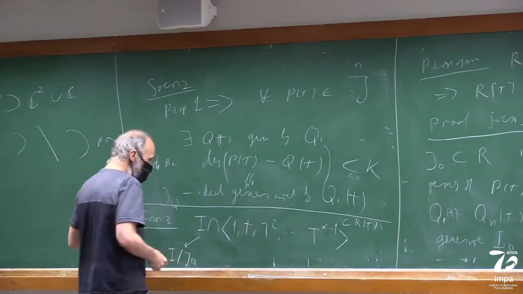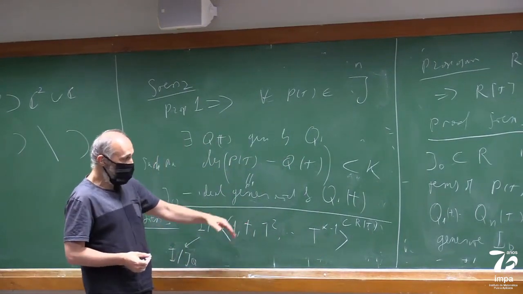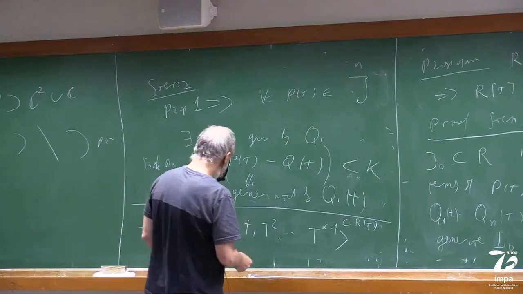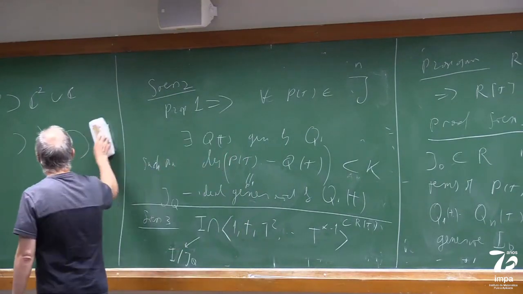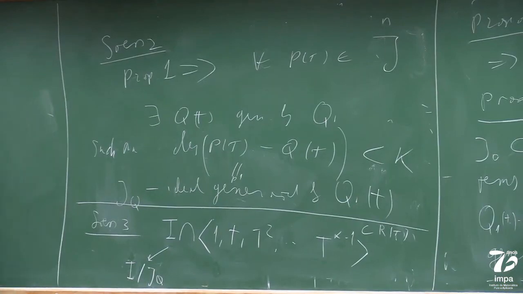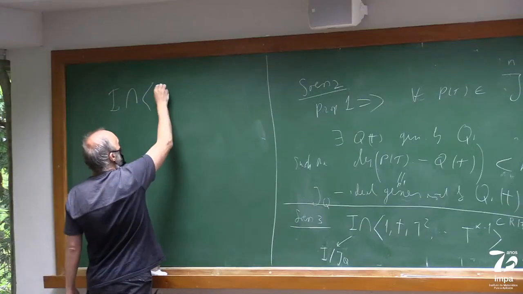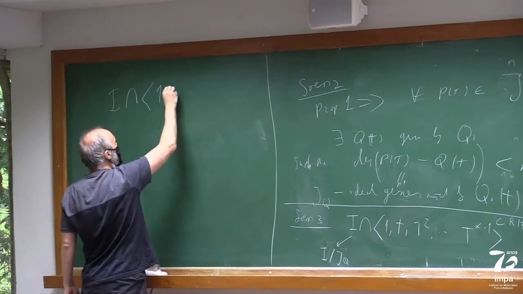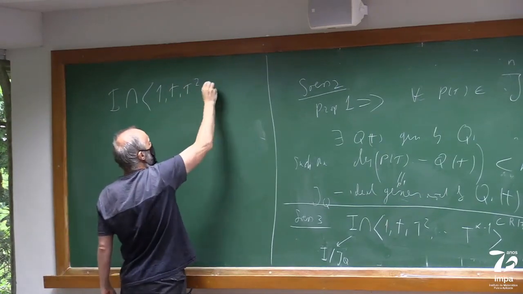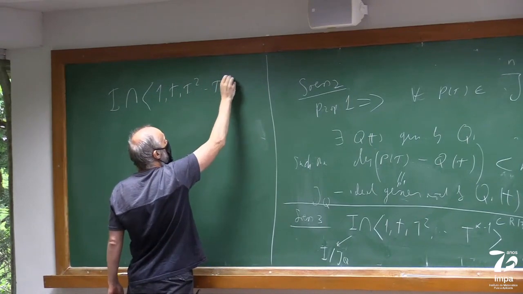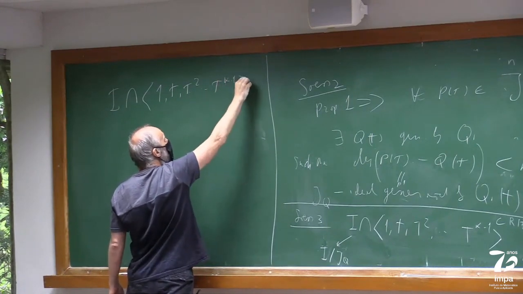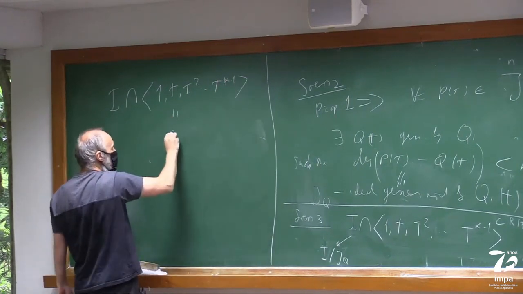Okay. But this is already a submodule, this intersection, intersected with the subspace generated by 1, t, t squared, and so on, t to the k minus 1. This is R to the power k.